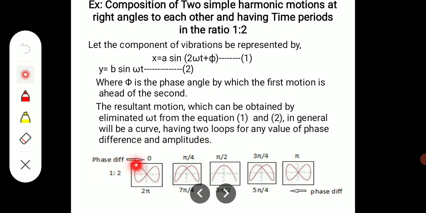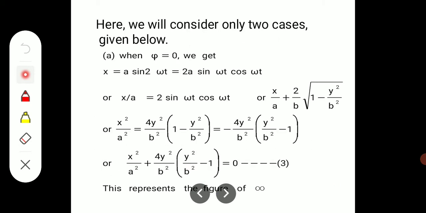These are the phase differences: 0, pi by 4, pi by 2, 3 pi by 4, pi. In the case of pi and 2 pi, we get this kind of shape, the infinity shape. If it is pi by 4 and 7 pi by 4, it slowly changes. And in the case of pi by 2, it is in the form of a parabola.